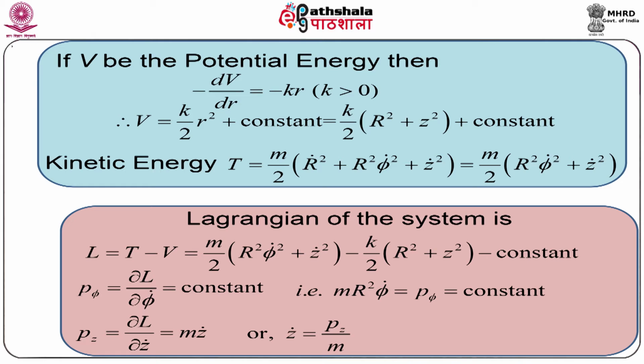Therefore, Lagrangian of the system is capital L equal to capital T minus capital V. Putting the value of T and V, we get capital L equal to m divided by 2 into capital R square phi dot square plus Z dot square minus k divided by 2 into capital R square plus Z square minus constant.